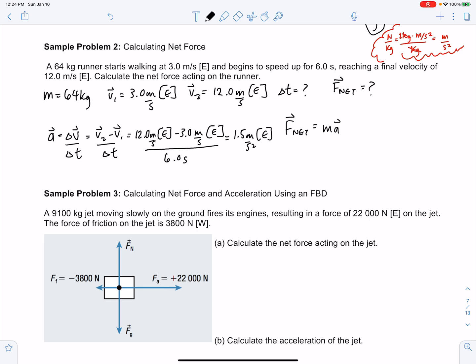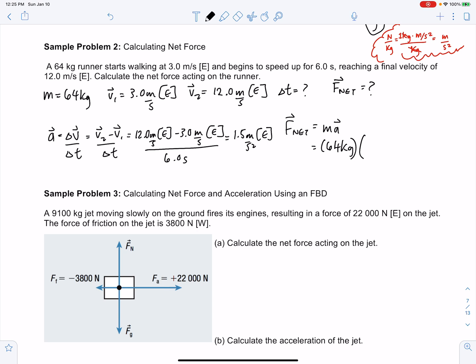So now I can calculate the net force now that I know the acceleration. The mass is, rather, 64 kilograms. Let me just start over. It's 64 kilograms, and the acceleration we just said was 1.5 meters per second squared.